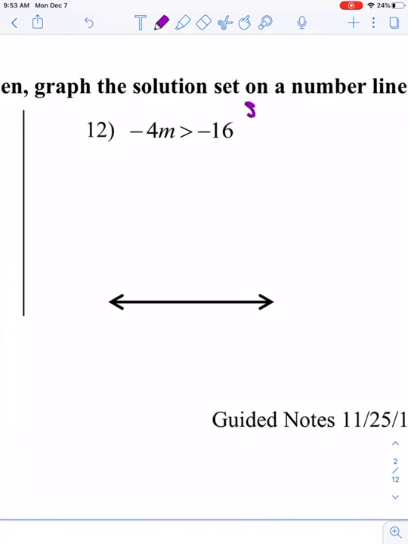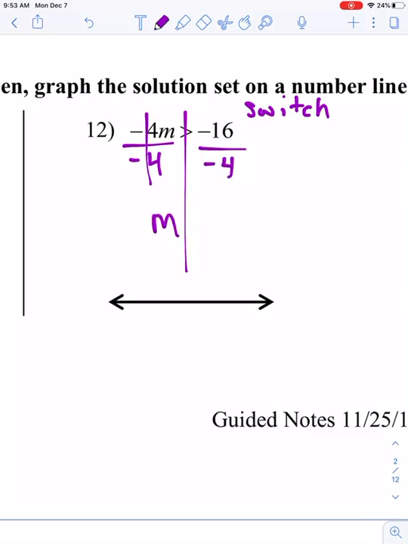We will switch this one because we're going to divide by a negative 4. So we're going to make it m is less than positive 4. And if you pick a number that's less than 4, let's say 3, and plug it in, you would do negative 4 times negative 3, you get negative 12. Is 12 greater than negative 16? Yeah, so it does work out.